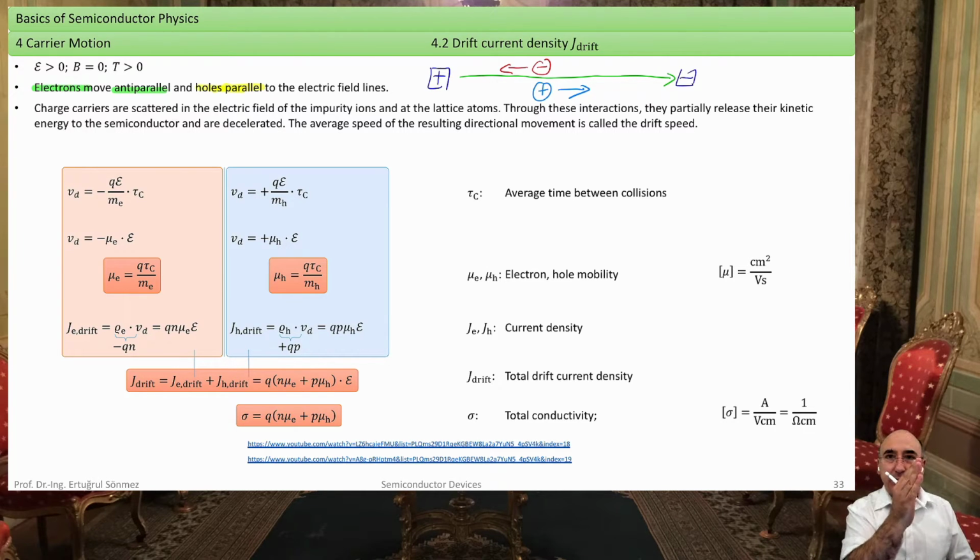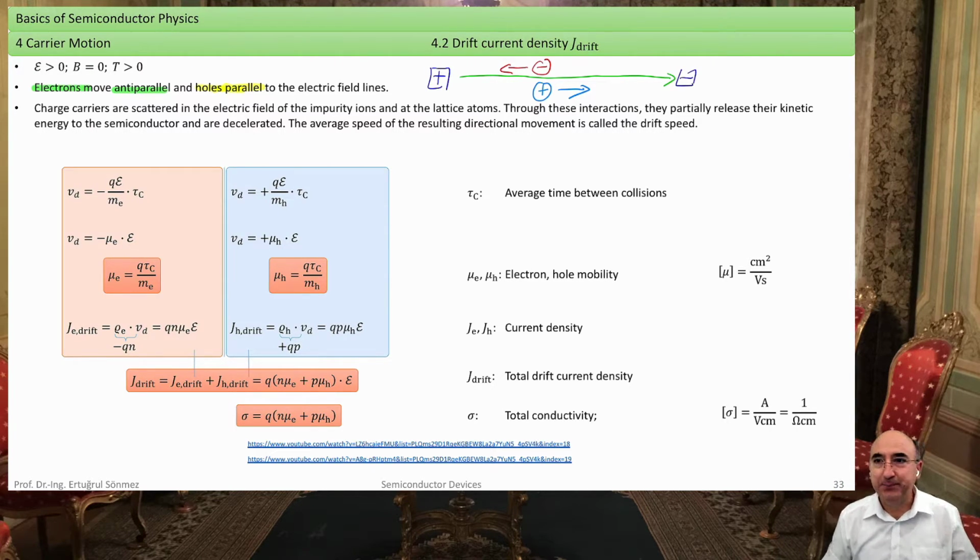If they are scattered, they partially release their kinetic energy. That means they transfer their kinetic energy to the lattice by phonon scattering at the lattice atoms or at the impurities. Both mean that the energy from the movement is transferred to the lattice.